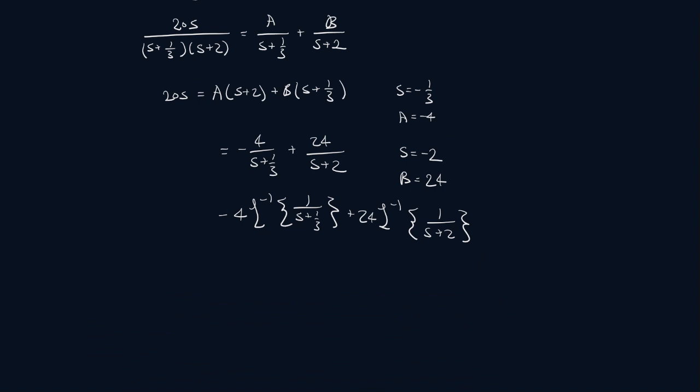Okay, and after you use your Laplace transformation sheet, you should get the following answer. And this will be your VO of t for when t is greater than or equal to 0.